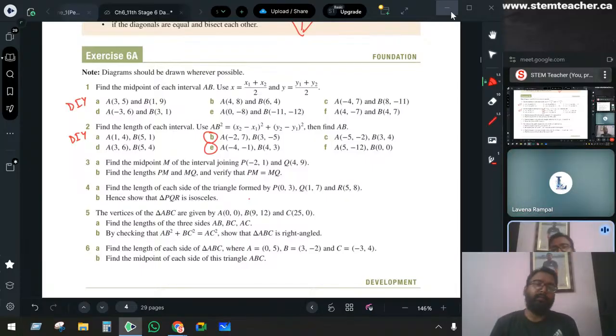So here, a little bit, actually you are finding the hypotenuse only. It is a clear application of the Pythagoras theorem.